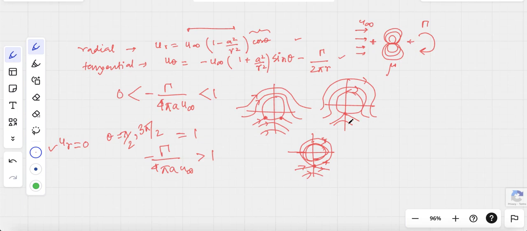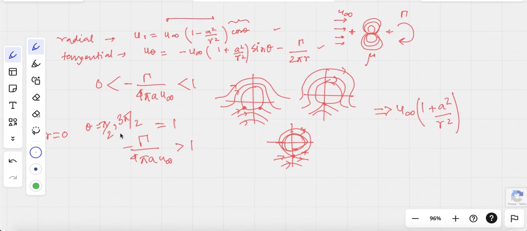From the second portion, we have mu infinity times 1 plus a square by r square times sine theta at pi by 2 or 3 pi by 2.